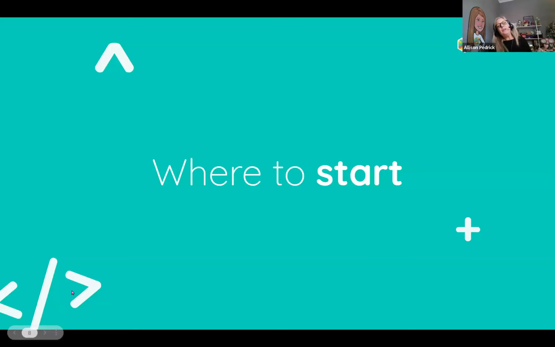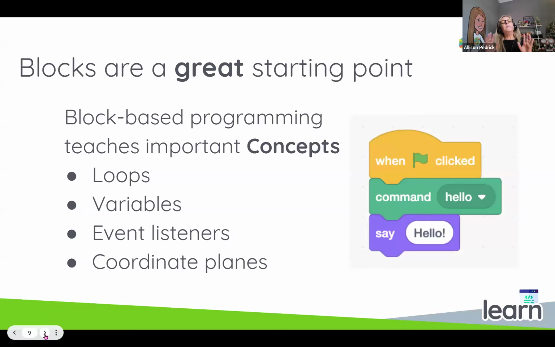All right, so let's jump into why we're all here. We're here to figure out how we transition from block coding to text-based coding, and where we begin. Block-based coding is a great starting place for anybody in lower elementary specifically.